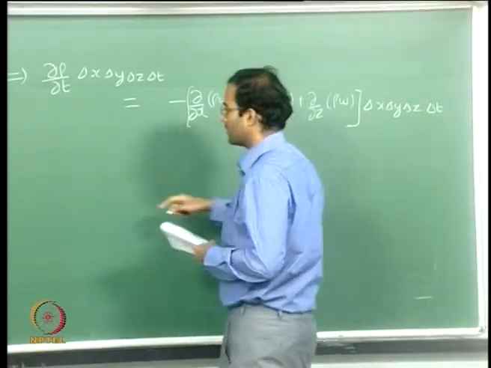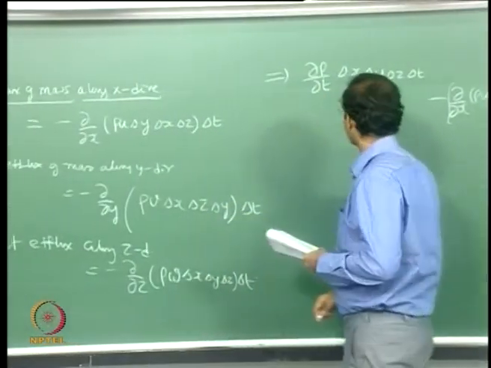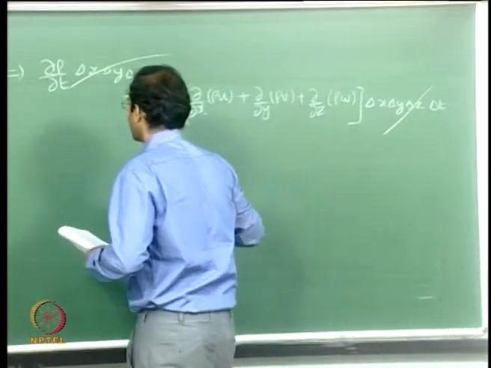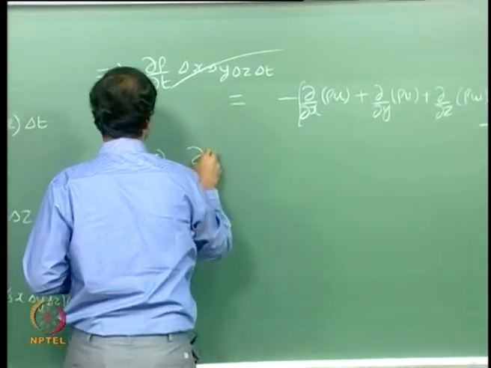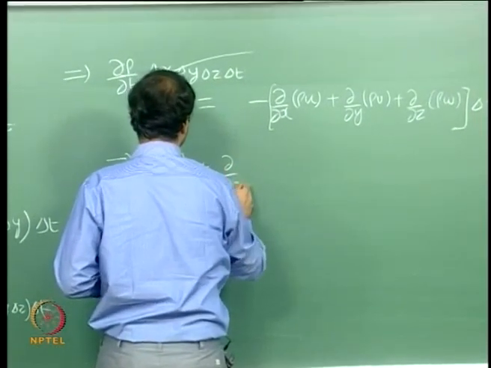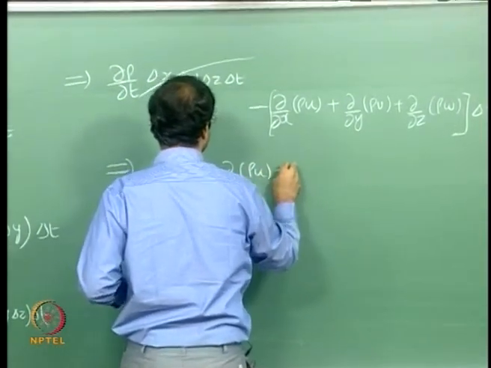This is common for all the efflux in each direction, so I am taking them out, and you can cancel this straight away. This will give me my general form of the continuity equation in the Cartesian coordinate system.